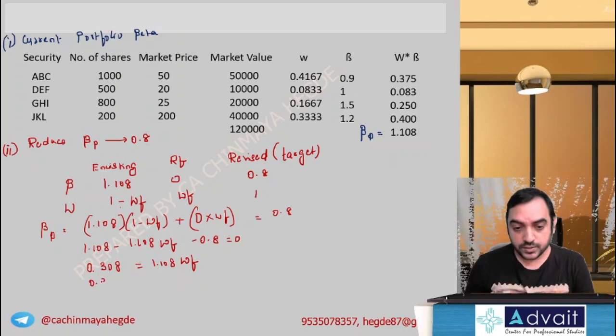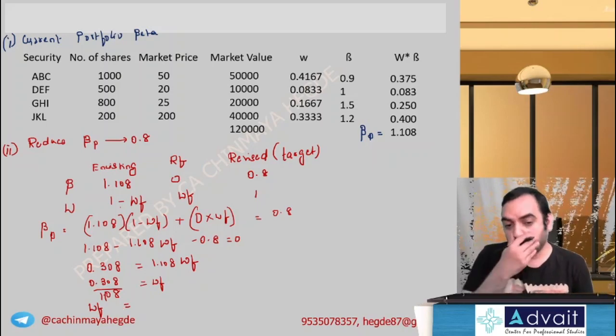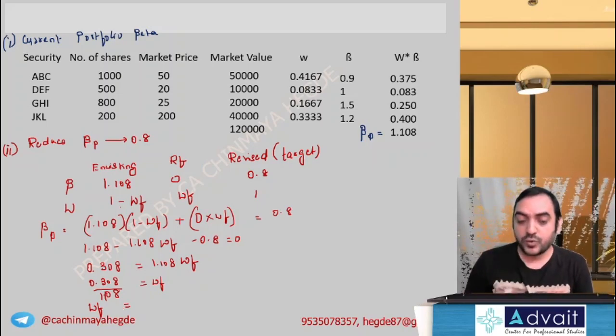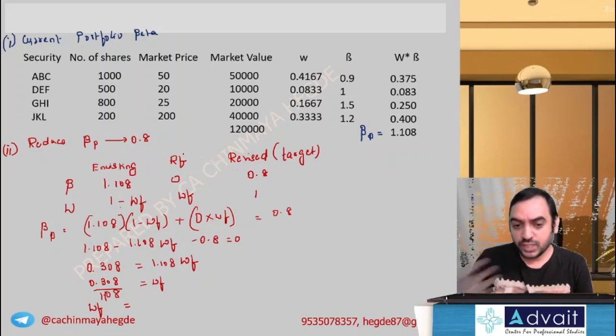So 0.308 by 1.108 is WF. So investment in risk-free security is 0.308 divided by 1.108. Basically, the difference between these two divided by the existing one.